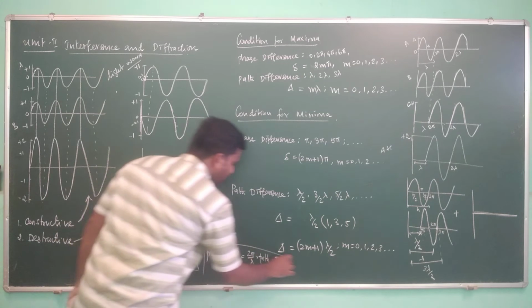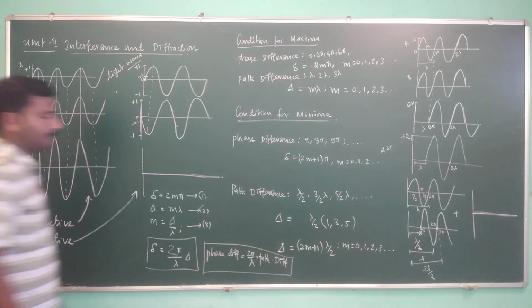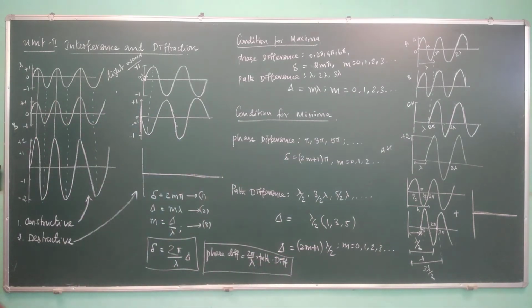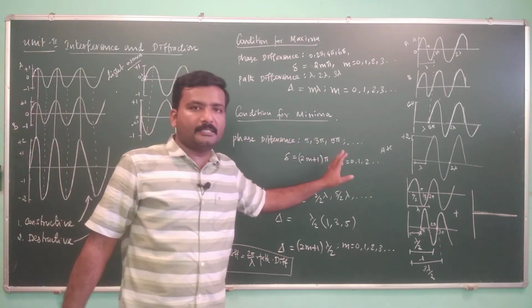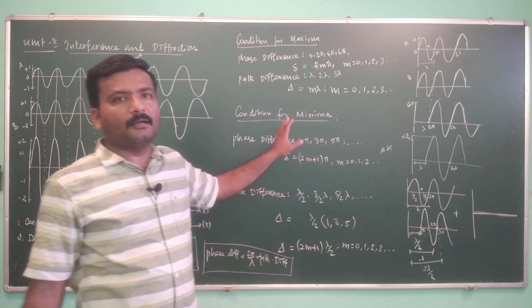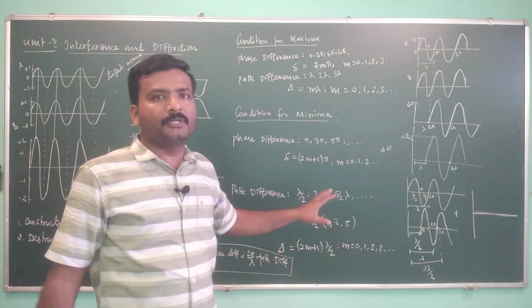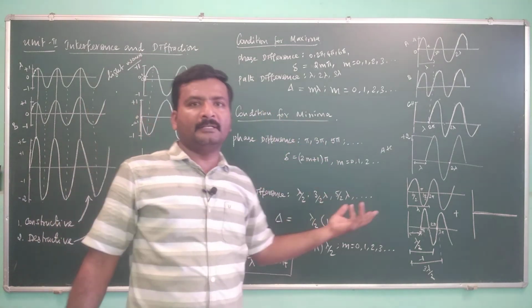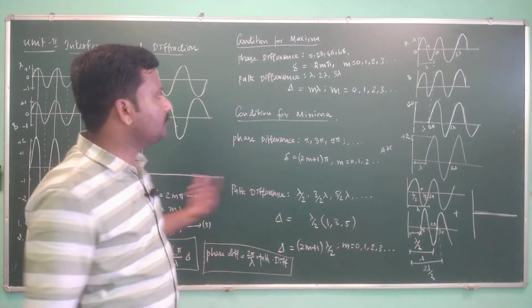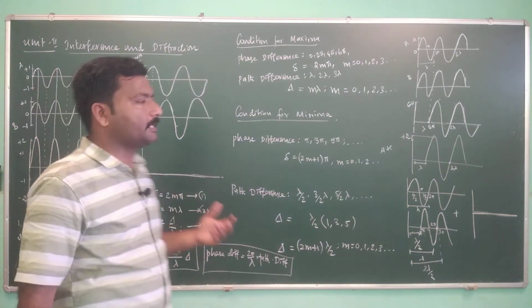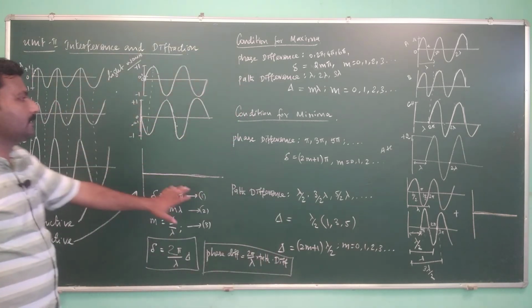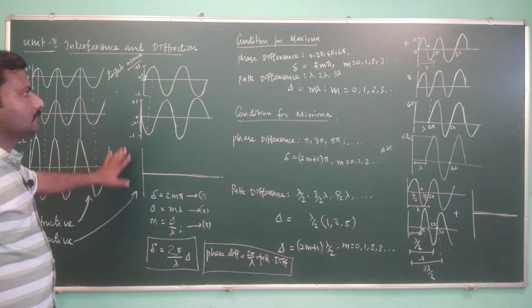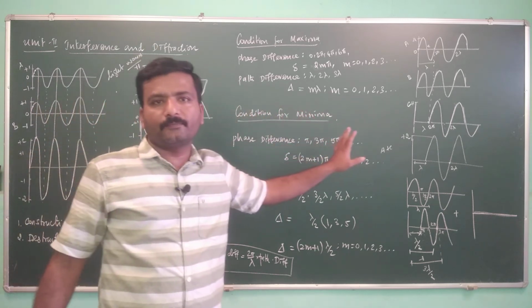This is the relation to connect phase and path difference. So in this way, we can understand what is constructive interference, what is destructive interference, or when the maximum intensities happen, when the minimum intensities happen, when two waves are interacting with each other. We have derived the mathematical forms for this. Hope you would understand that.